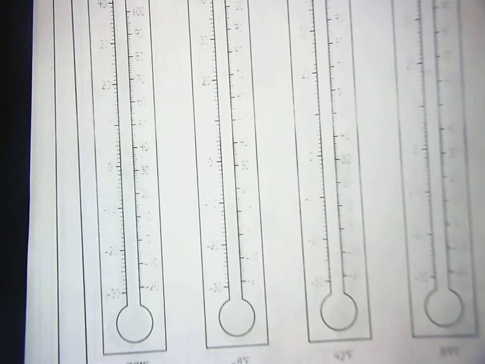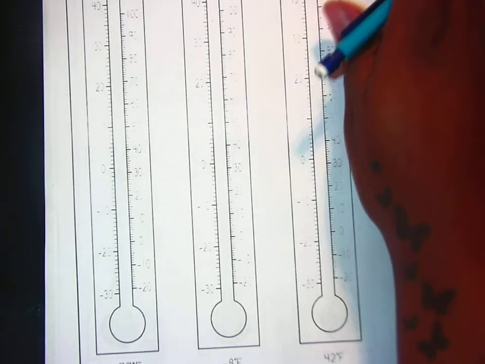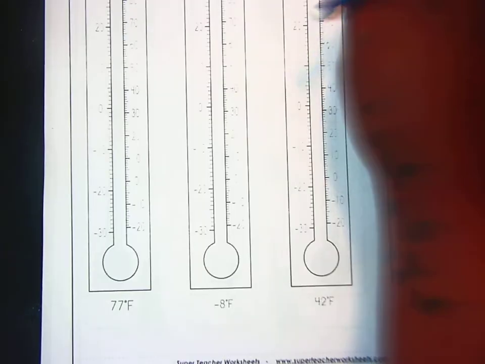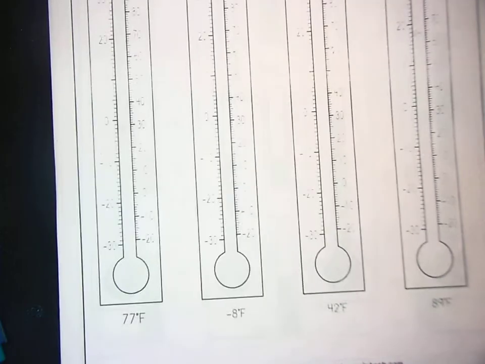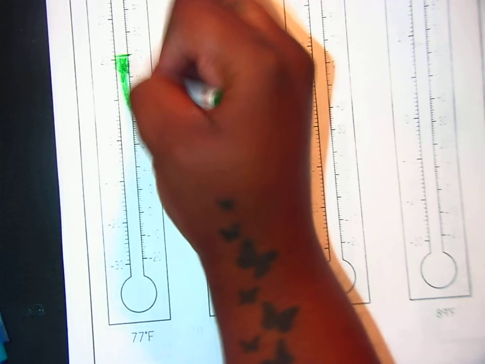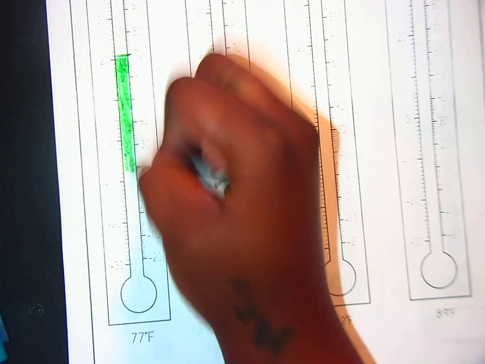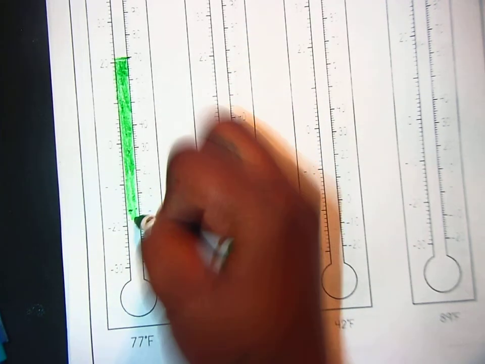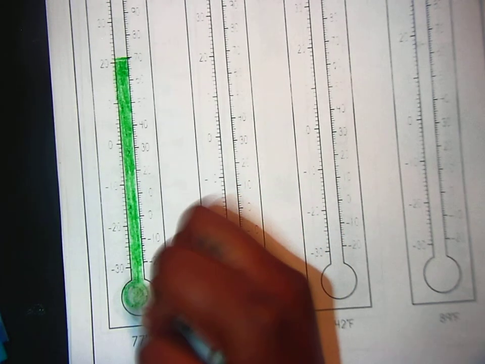And my last page, once again, is pretty self-explanatory. I am on my Fahrenheit side again. It wants me to shade up to 77 degrees. I will shade because I feel like this is something that we probably need more examples on. I'm going to go to 70 first and shade in just to give myself a reference of what I'm shading. And I know it looks weird with me coloring on the Elmo screen, but it's okay.